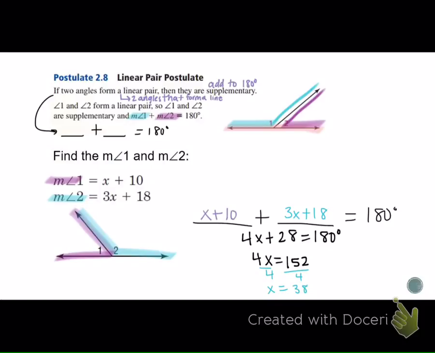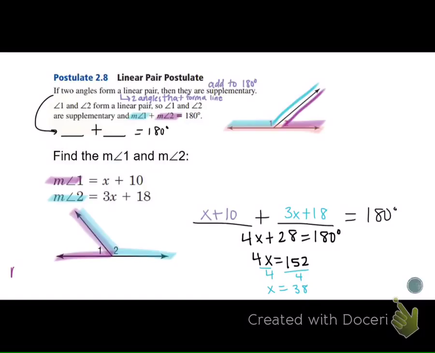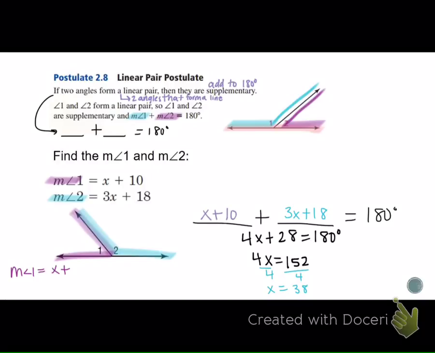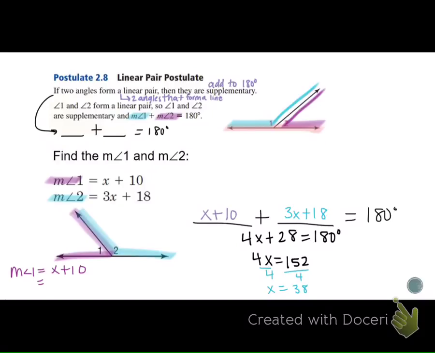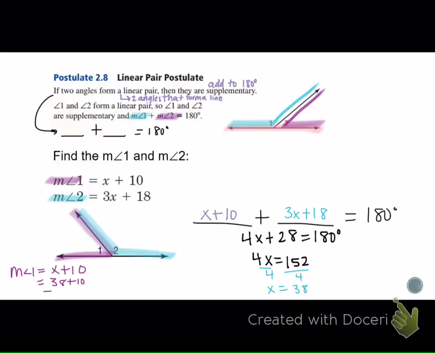So x is 38. Does it ask you to find x, though? No, Hunter, what does it ask us to find? Good. So the measure of angle 1 equals x plus 10, which is 38 plus 10. So the measure of angle 1 is 48 degrees.